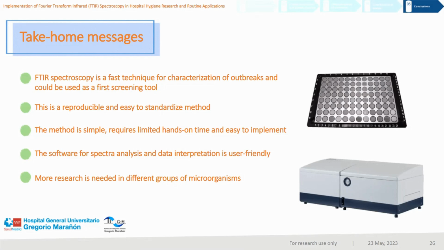The software used for spectral analysis and data interpretation is user-friendly, and expert knowledge in machine learning or AI is not necessary. And finally, further research is needed in different groups of microorganisms, as each species needs its own parameters and its own analysis.